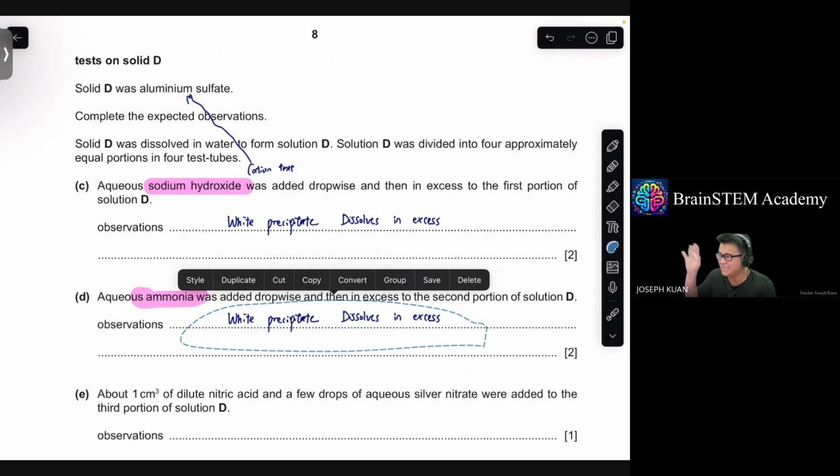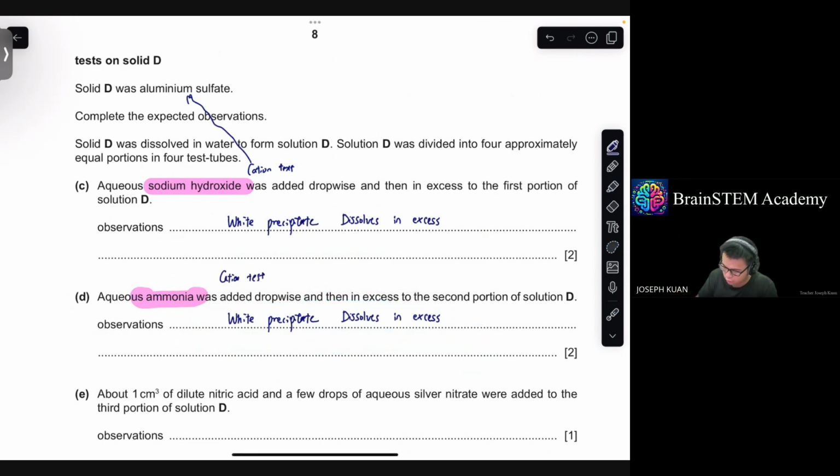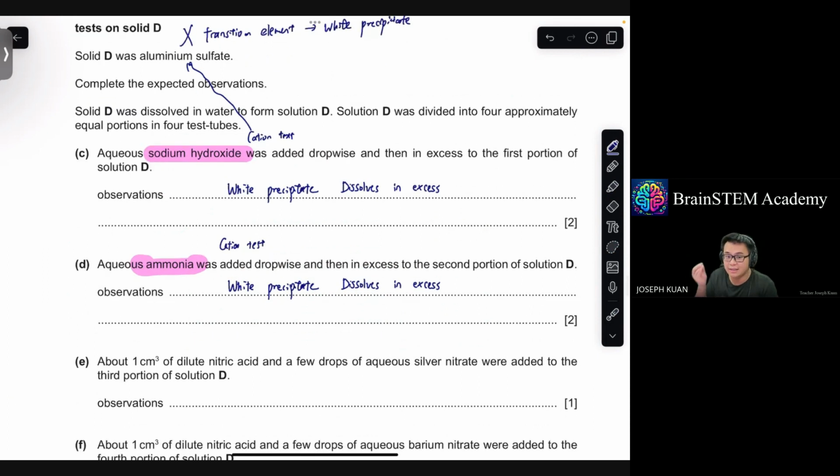It won't form fancy colors like green or blue, like in transition elements. Because aluminium is a non-transition element, it should be pretty boring, just white in color. However, in this case, the solubility differs. In ammonia, it does not dissolve in excess. If you don't remember this part, you can have a look at the cation test table in your syllabus.